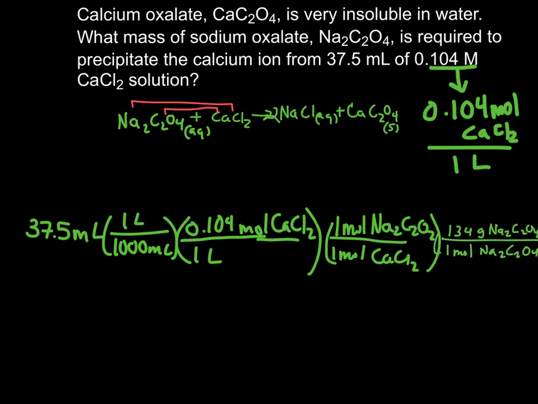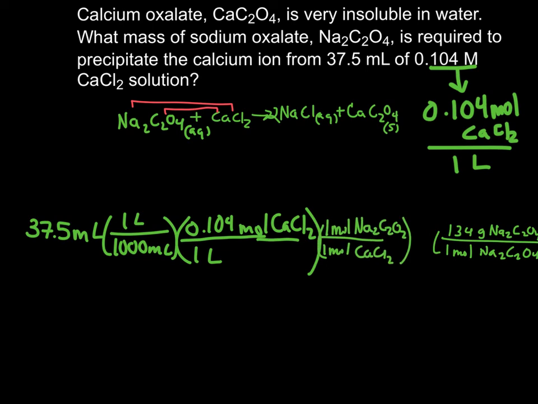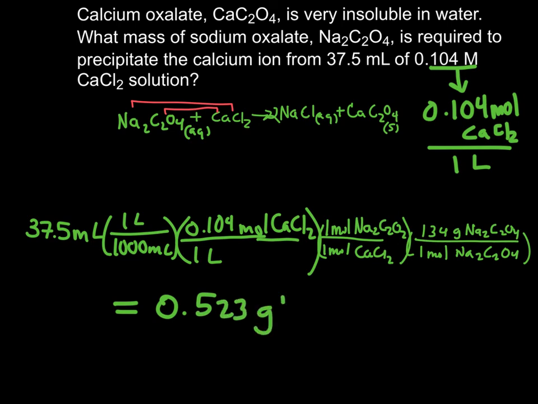When we put the math all together, and we do all of our multiplying and dividing, we find that in order to precipitate 37.5 milliliters of 0.104 molar calcium chloride, we need 0.523 grams of sodium oxalate.